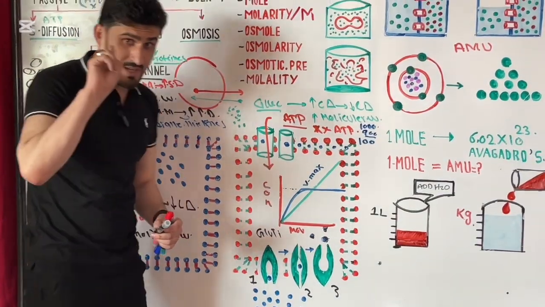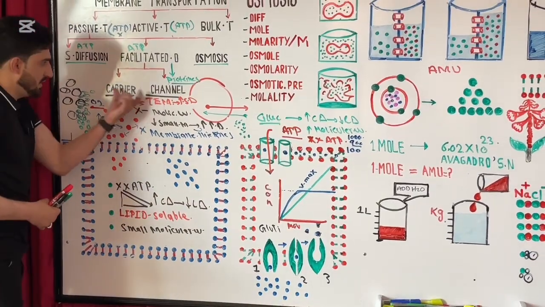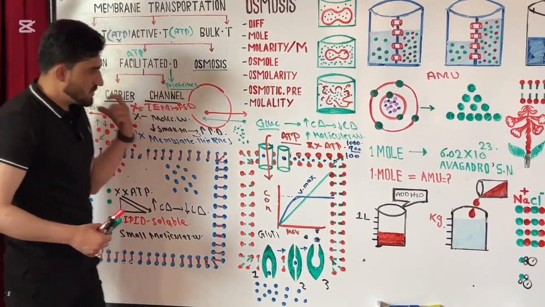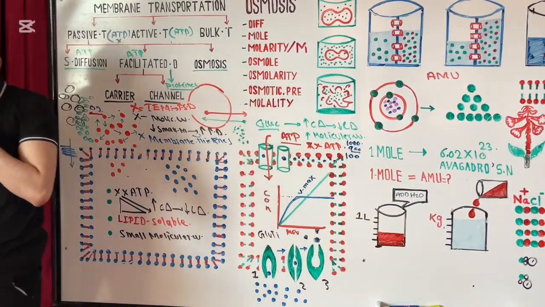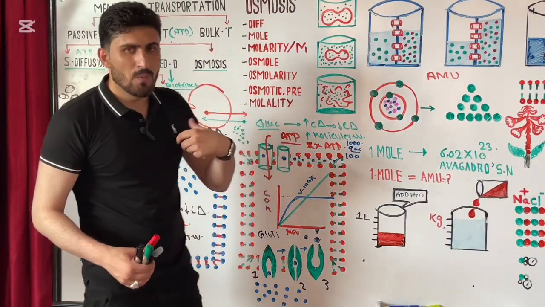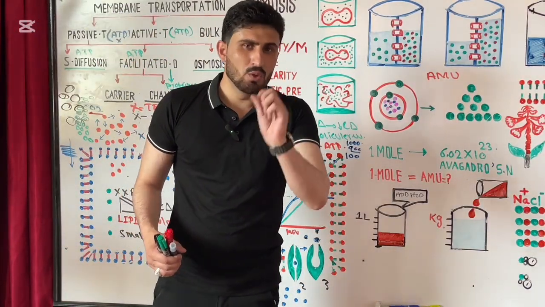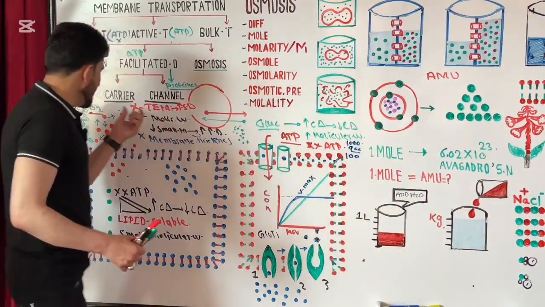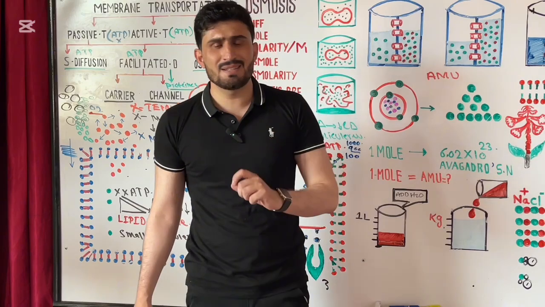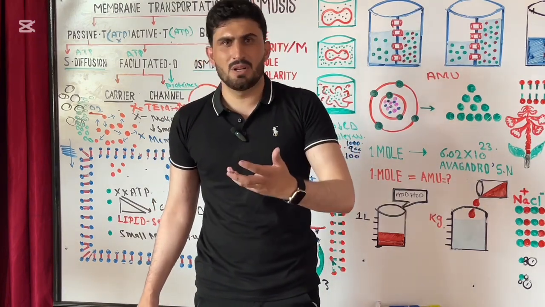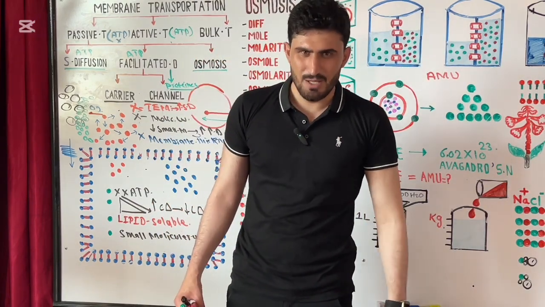This is one difference. The second important difference between channels and carriers is that channels in 1 millisecond transport around 1000 to a million molecules or substances, but carrier proteins transport in 1 second around 100 to thousands of molecules.